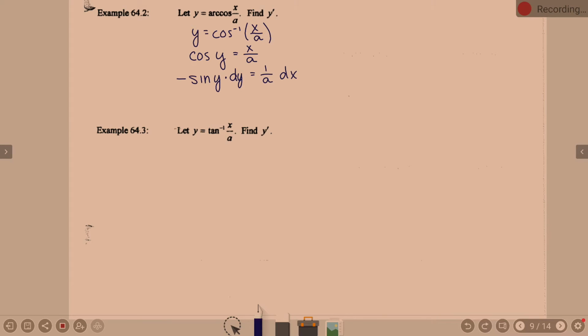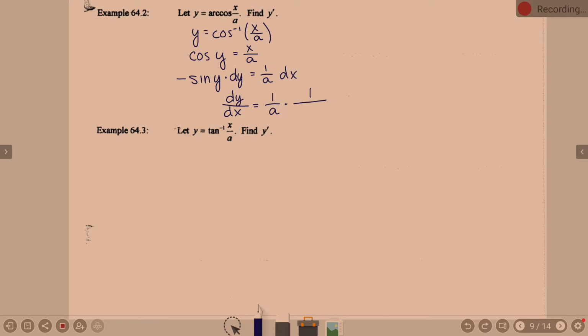Can you solve this for dy dx? If I solve this for dy dx, I've already got dy on the left. I want my dx on the bottom, so I'm going to divide it to the other side. I already have 1 over a on the right, and then I'm going to divide over negative sine y.